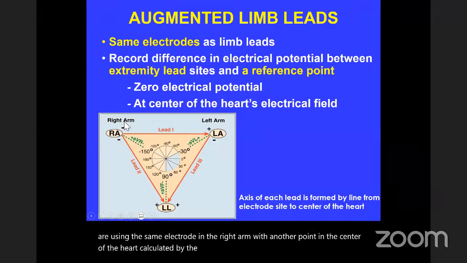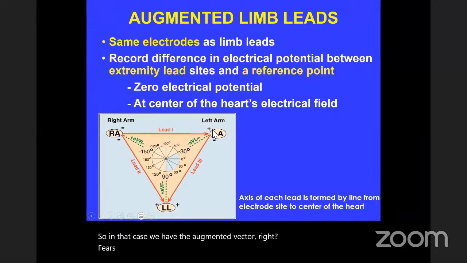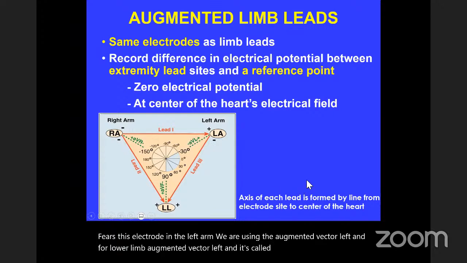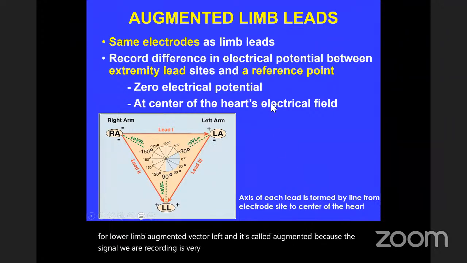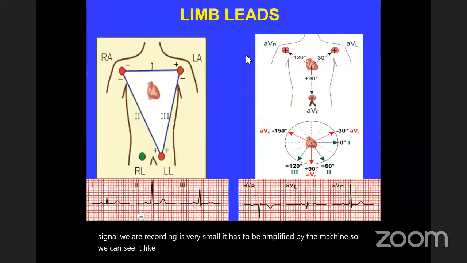In that case, we have the augmented vector right. If you use the electrode on the left arm, we have the augmented vector left. And for the lower limb, augmented vector foot. It's called augmented because the signal we are recording is very small. It has to be amplified by the machine so we can see it like other signals.